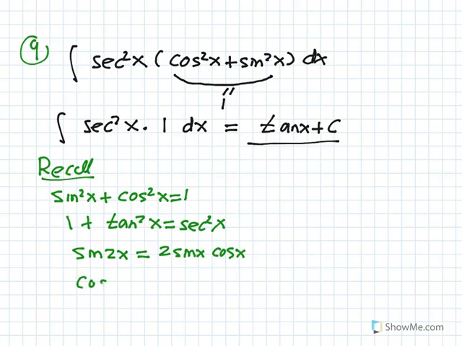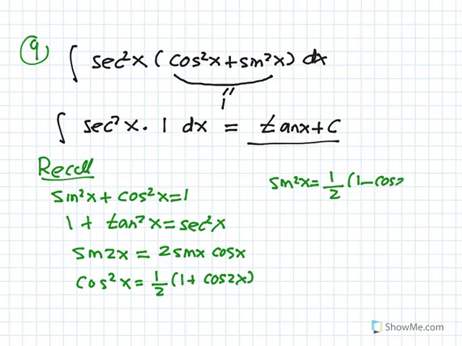And half angle identities, those are also important. Cos squared x is 1/2 (1 plus cos 2x). And sine squared x is equal to 1/2 (1 minus cos 2x). And another identity, 1 plus cotangent squared x is equal to cosecant squared x.